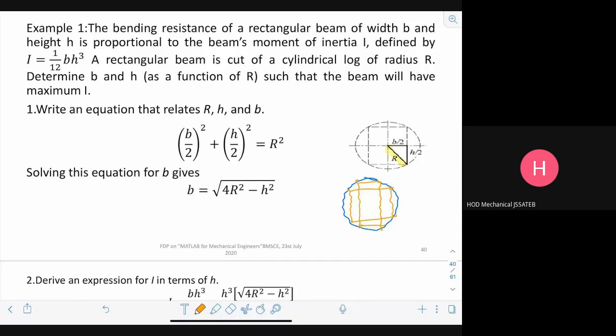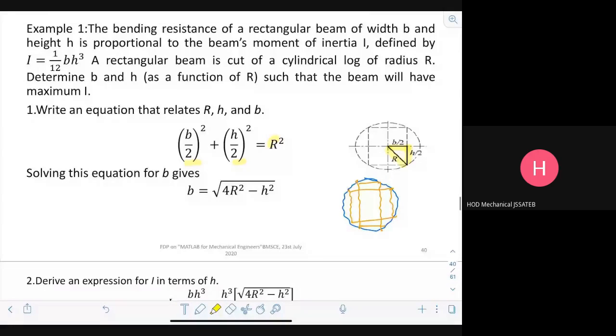Now, try to look at the equation that relates b and h, and this is a triangle. Consider this triangle. Is it not R square is equal to b square plus h by 2 whole square? So if you try to look at this, what I need to look at is that one is an independent variable. R is constant. It will not change because that's the diameter of the log of the wood.